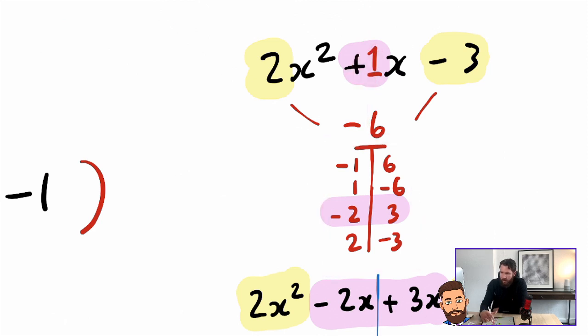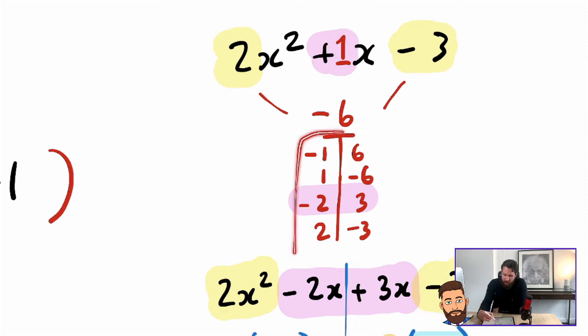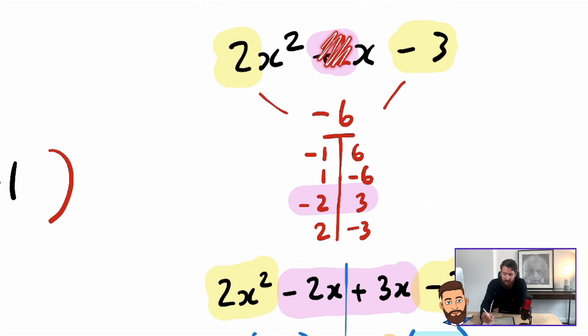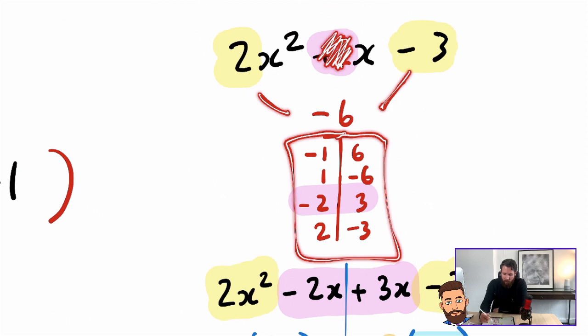Here, we were trying to find a factor pair that specifically makes 1. But if we don't know it needs to make 1, then surely any of these options could be put here, which is correct. If you don't know what this b needs to be, any of these factors that make a and c multiplied together would fit in and be b.